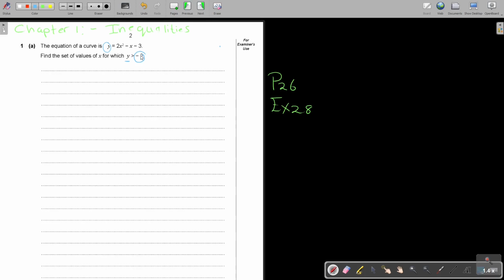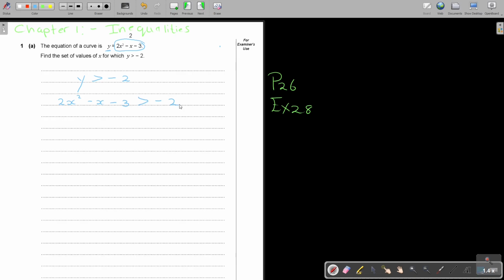So I can start by saying y is bigger than negative 2. Okay, so in the place of this y, I'm just going to substitute there. So I'm going to say 2x squared minus x minus 3 is bigger than negative 2.